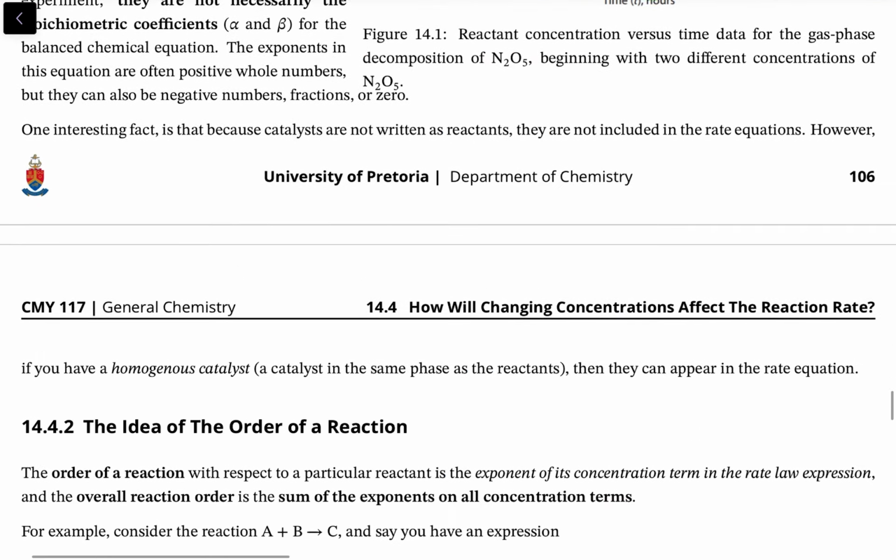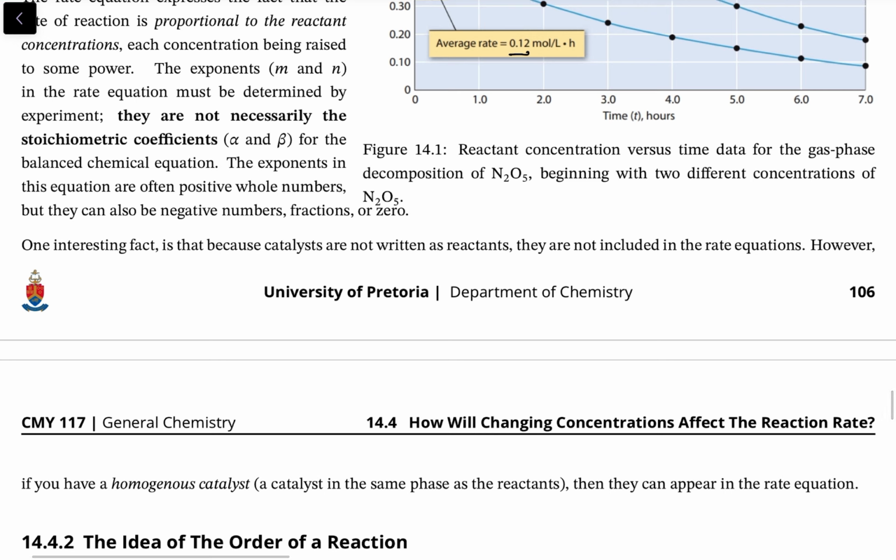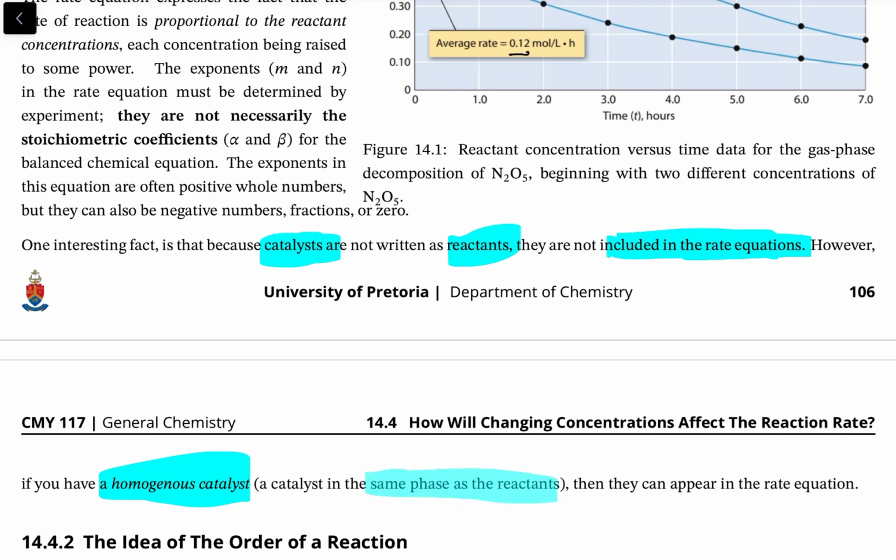All right. Interesting fact, just the last thing that I'll note here, is because your catalysts are not written as reactants, you do not include them ever in the rate equations unless they are homogeneous catalysts. So meaning if they are in the same phase as the reactants, then only can they appear in the rate equation.